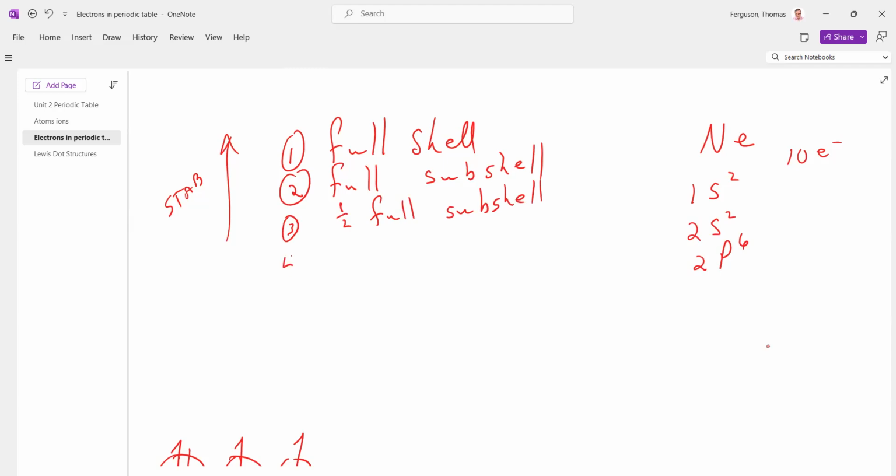And then lastly, we have nothing. And these all have to do with symmetry. The full shell is the most symmetrical. A full subshell is also symmetrical. Half full is symmetrical. And if it's none of these, I just put a null set there. It's the least stable.